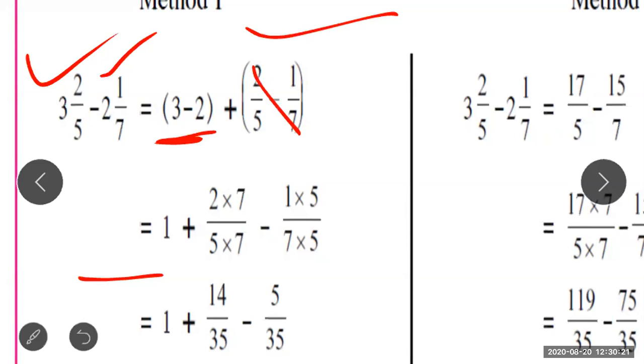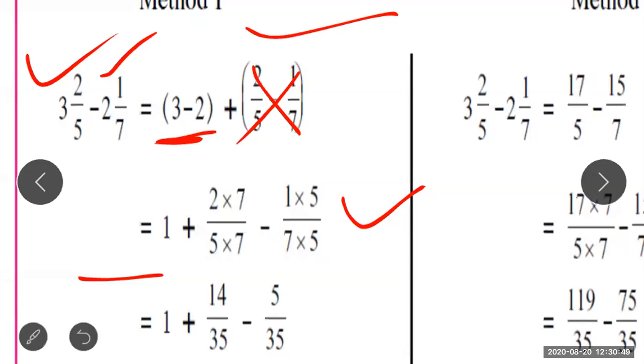After cross multiplying, what will you get? 2 upon 5 should be multiplied by 7, because the other denominator is 7. And 1 upon 7 should be multiplied by 5, because the first denominator is 5. So we multiply 2 upon 5 by 7 on both sides, and 1 upon 7 by 5.